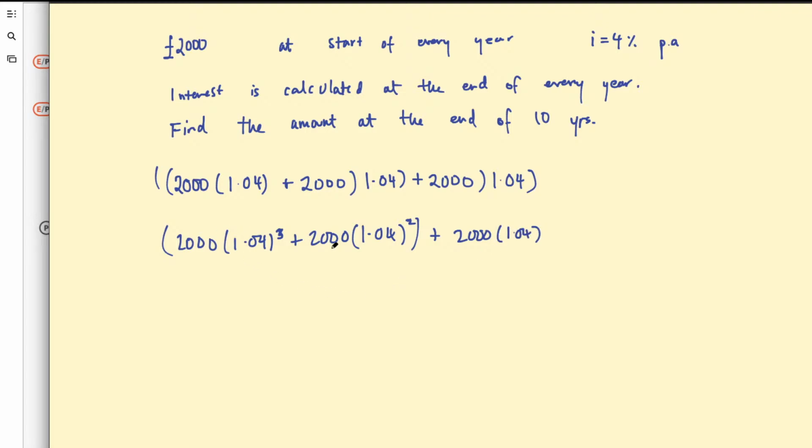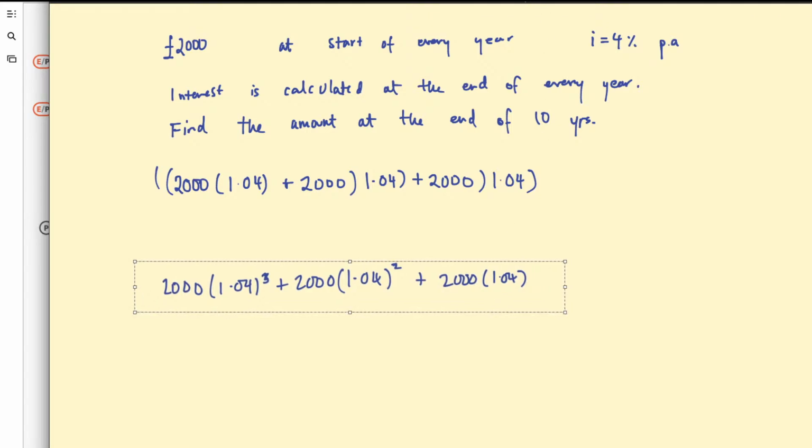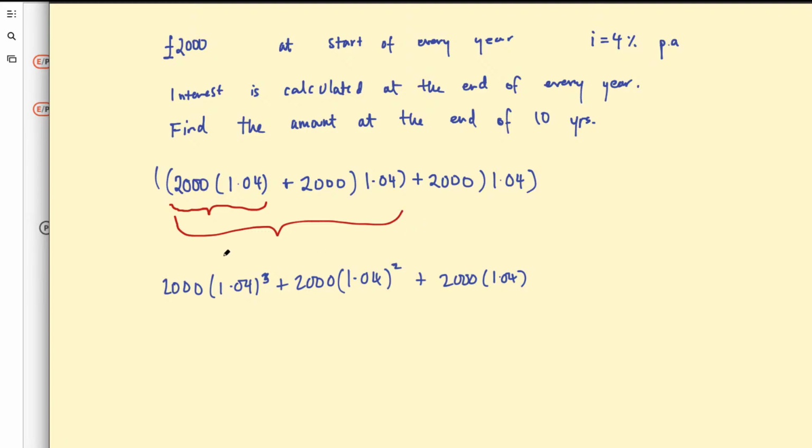This would be the first 3 years. Yeah, so you get a sequence. If you expand out, this was the first year. This was the second year.